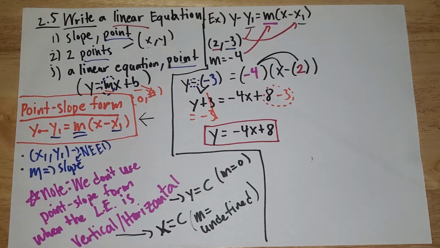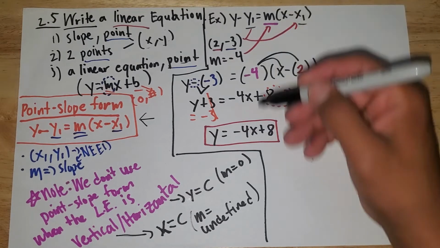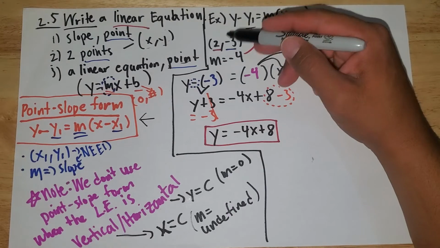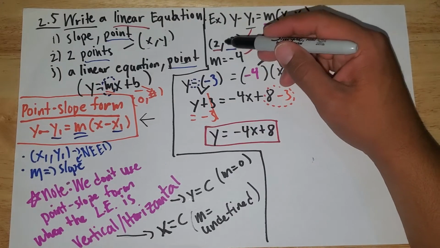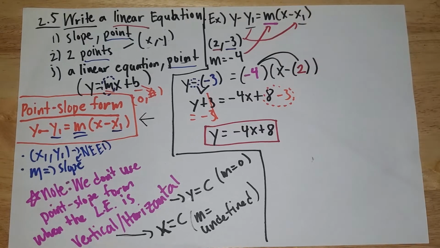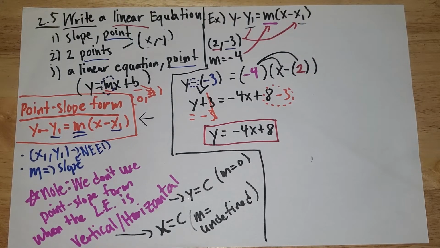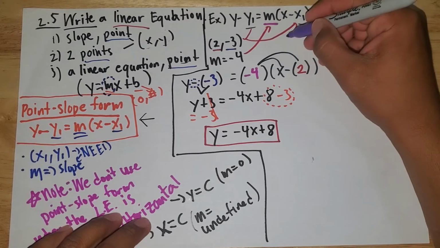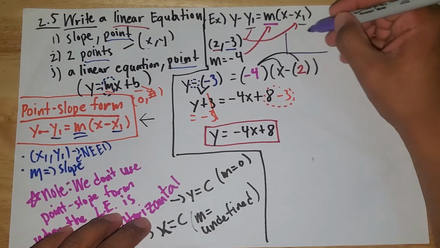Now here's a second example. If you guys want to try an example of this, just switch the point and slope around. So try using, let me use a different color for that. If anyone wants to try it, I'll box it right here.